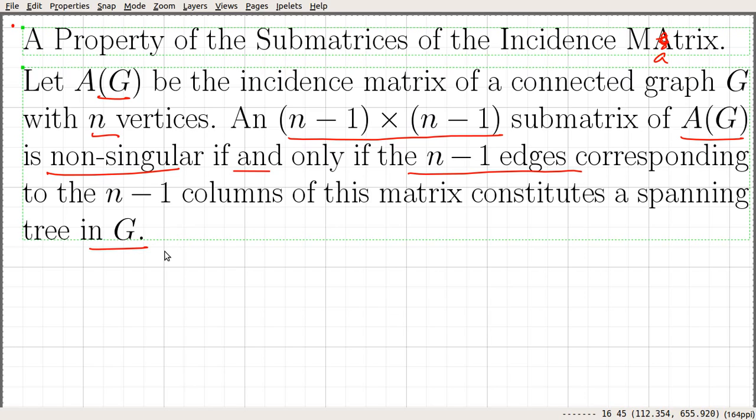I think the statement is clear. So what we are doing is considering an n minus 1 by n minus 1 submatrix of the incidence matrix of the graph, and this matrix is non-singular if and only if those n minus 1 edges corresponding to the columns that we chose constitute a spanning tree in G.